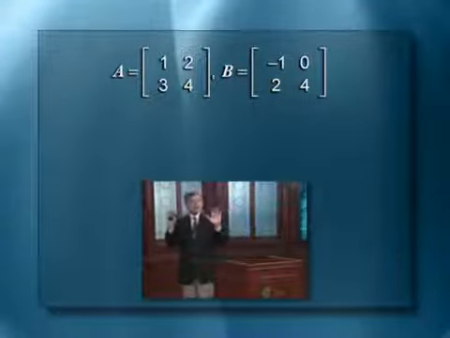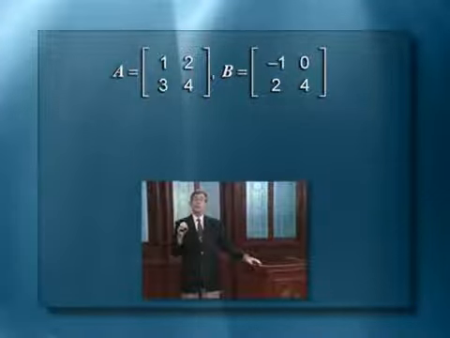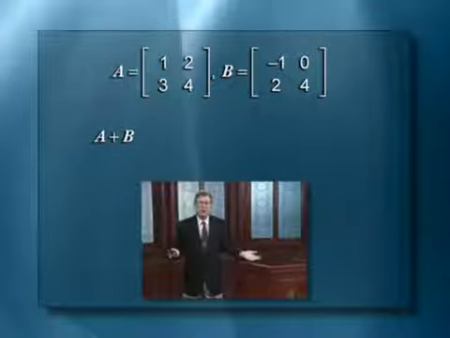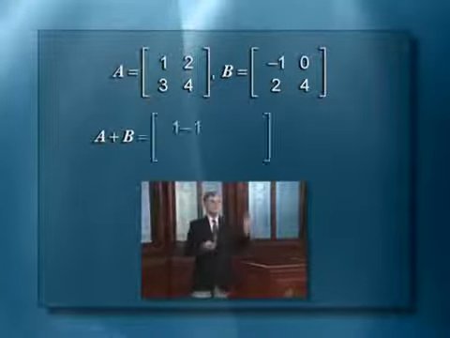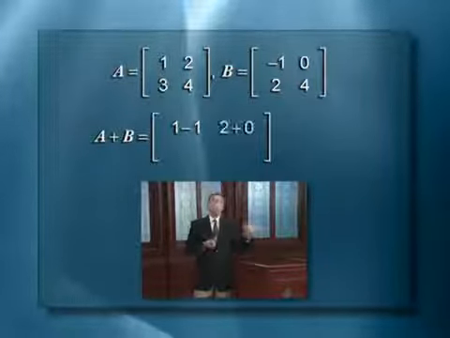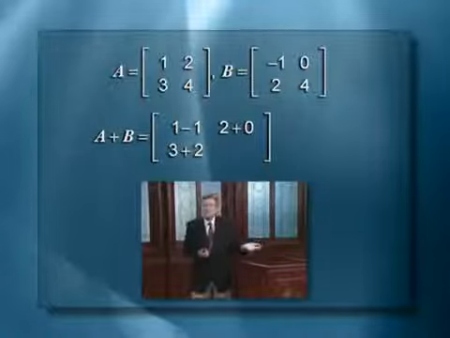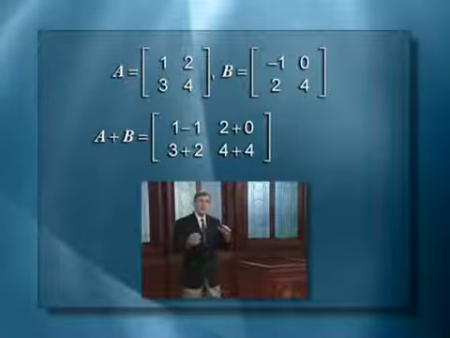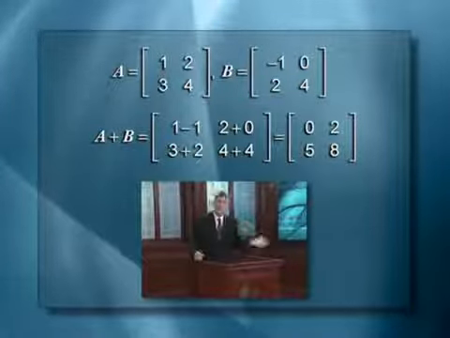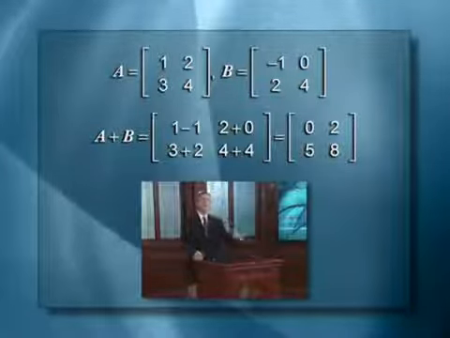I can add these because they're the same size, and the result A plus B is found by adding the corresponding entries. So it's 1 minus 1 in the upper left corner, then 2 plus 0, 3 plus 2, and 4 plus 4, yielding the sum 0, 2, 5, 8. Okay, so that's how you add two matrices.